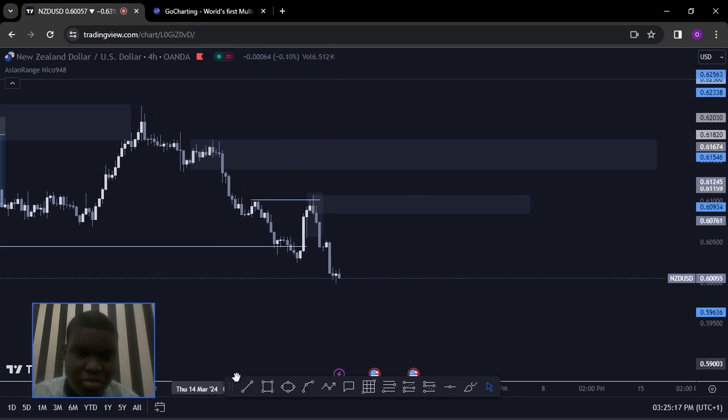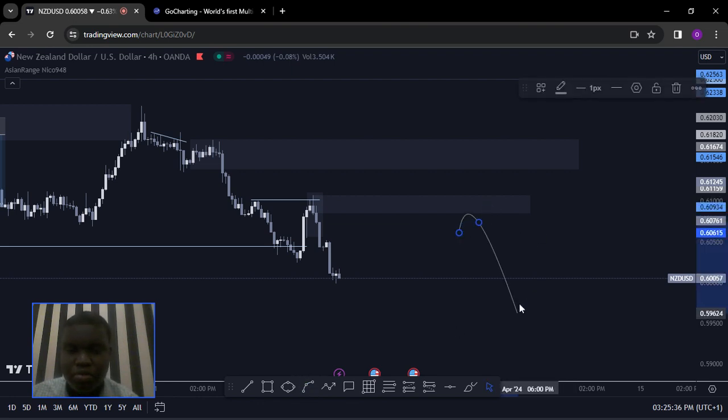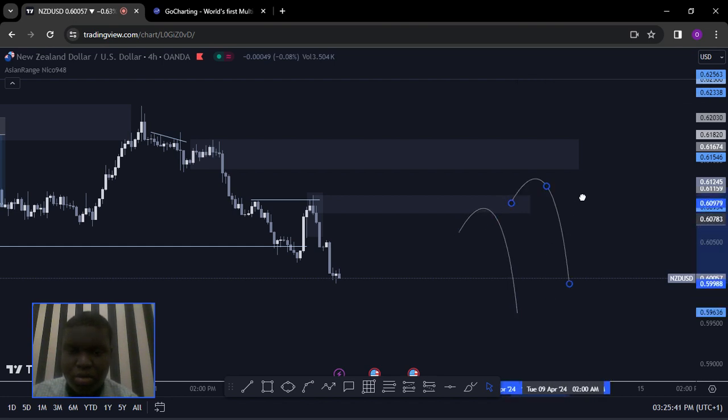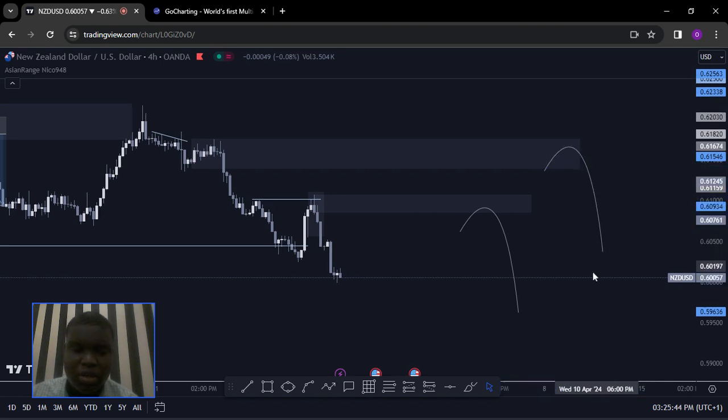This second zone did something similar. Took out all of this liquidity here, dropped. So we're expecting a pullback into one of these zones to continue the bearish move. That from here or here. That's the outlook for this week.